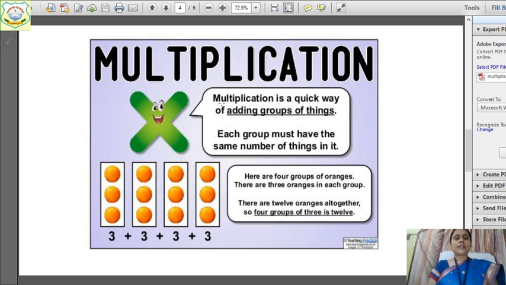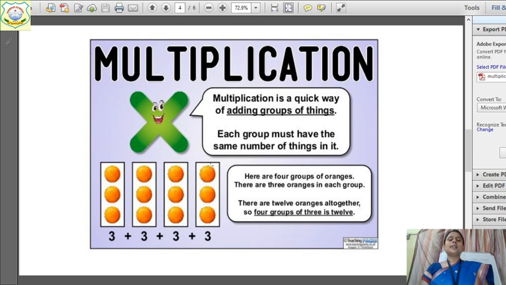So, now multiplication is also known as adding groups, or you can say group addition or repeated addition. Multiplication is also termed as repeated addition. Read it with me. Multiplication is a quick way of adding groups of things. Each group must have the same number of things in it.